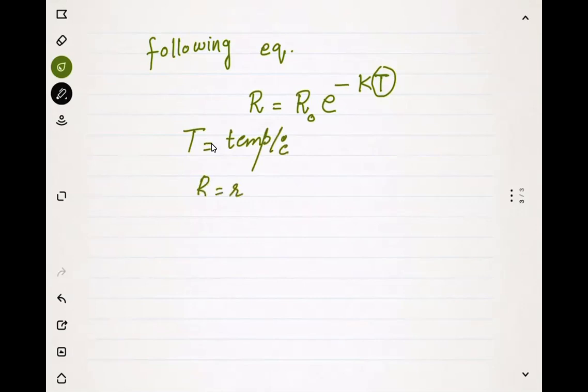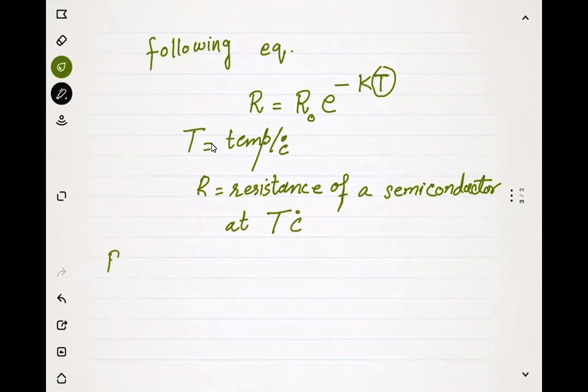R is resistance of a semiconductor at T degrees Celsius.